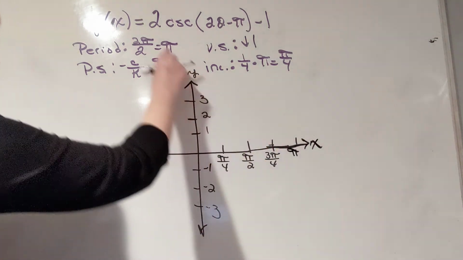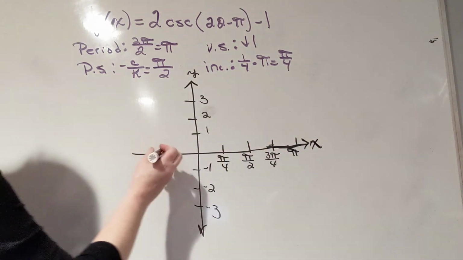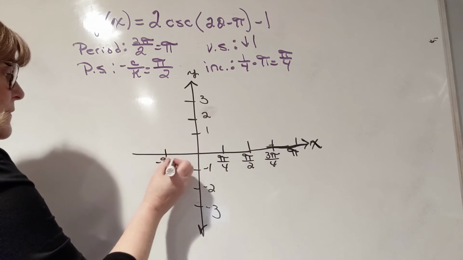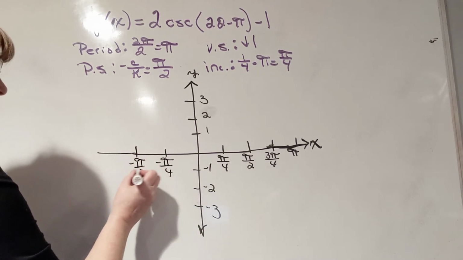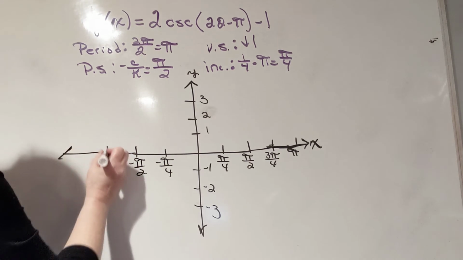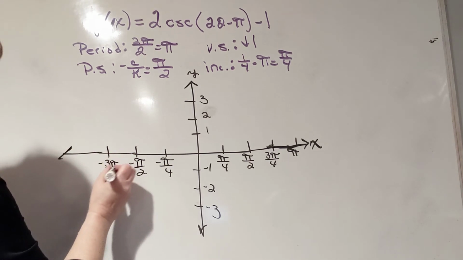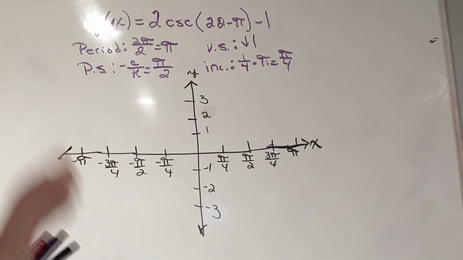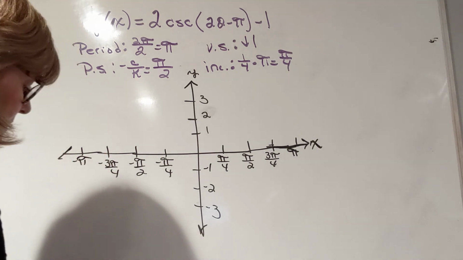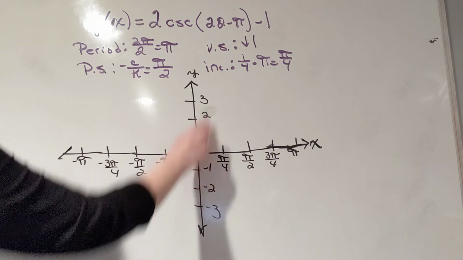That completes one cycle. Now do a negative cycle. Negative pi fourths, negative pi halves, negative 3 pi fourths, and negative pi. Okay? Let's evaluate this.